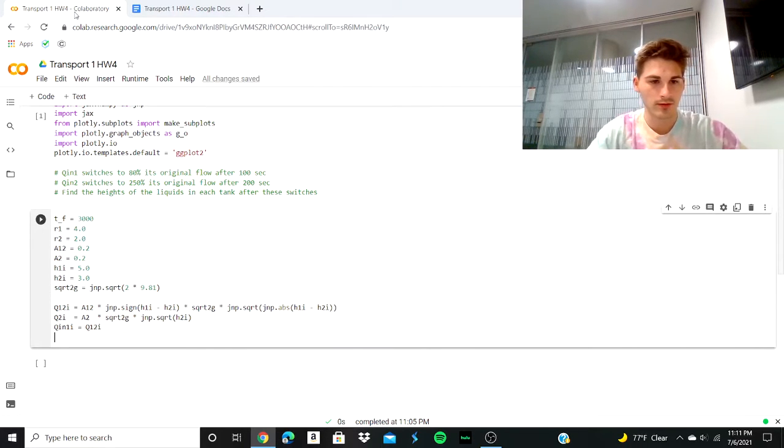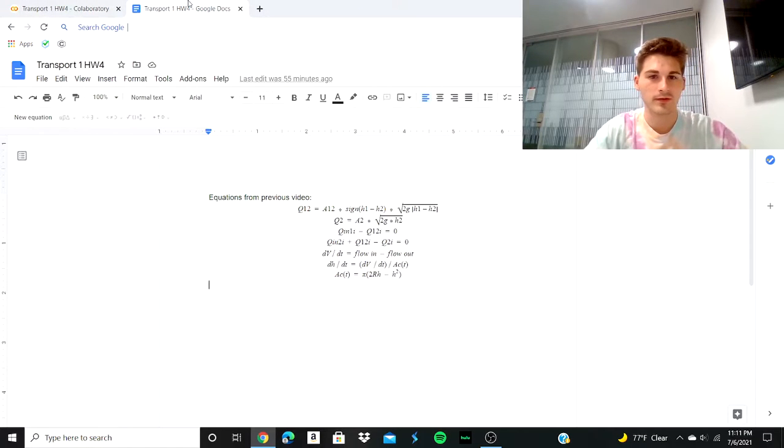And then, as we can see from this equation, in the initial steady state system, the initial flow entering tank 2 must be equal to the difference between the flow leaving tank 2 and the flow entering tank 2 from tank 1 initially.